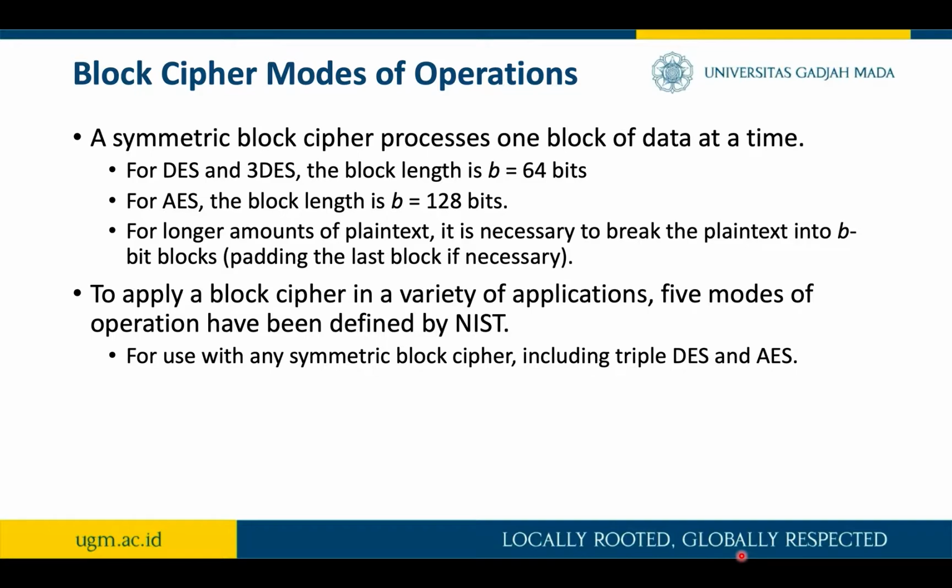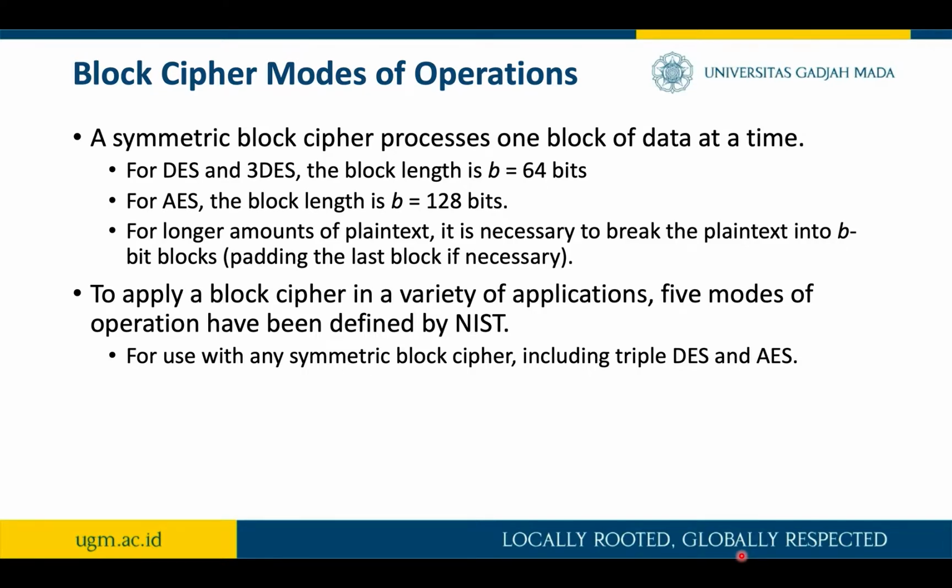There are several ways of connecting the blocks, from the first block into the second and so on. For that purpose, NIST defines 5 modes of operation that can be chosen.